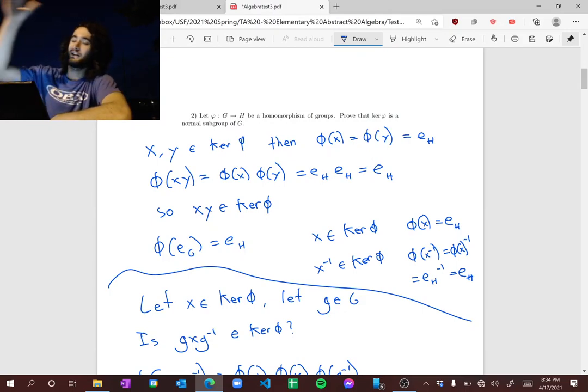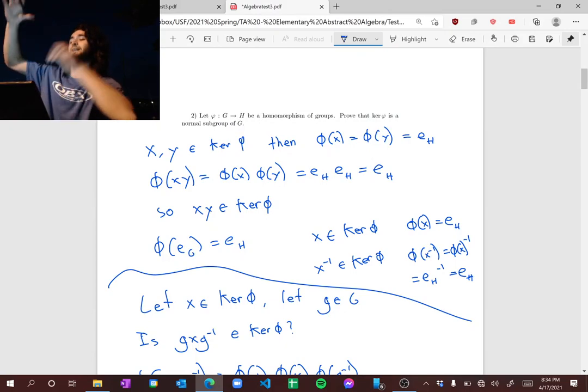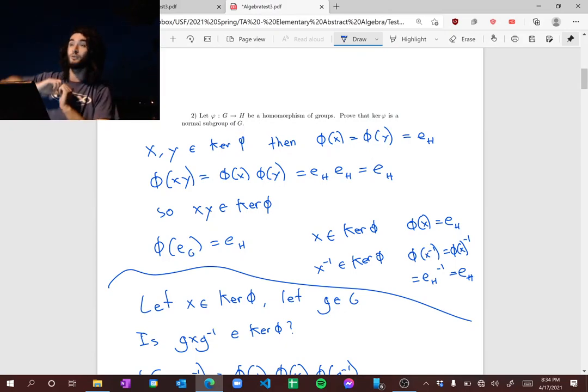The point is that the stuff in G is going somewhere, and the stuff that gets deleted when it goes there is a normal subgroup of G. And where is it going? Who cares? Thinking of it that way is a useful way to think about it, especially for the next problem. But that's it for this problem. We will call it there.